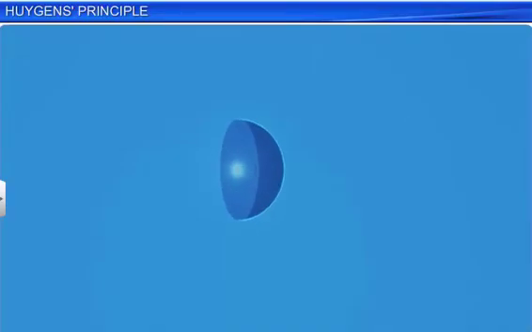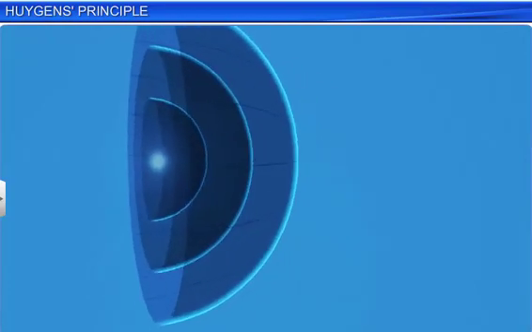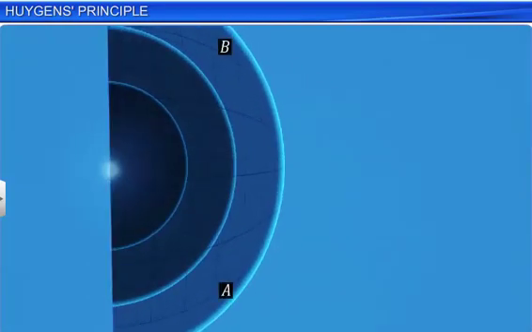To understand Huygens' principle, let us now consider a primary wave front AB propagating in a homogeneous medium. Then, according to Huygens' principle, each point of AB acts as a source of secondary disturbance. The secondary wavelets emanated from these points are spherical in shape and spread in all directions at a speed equal to the speed of the wave.